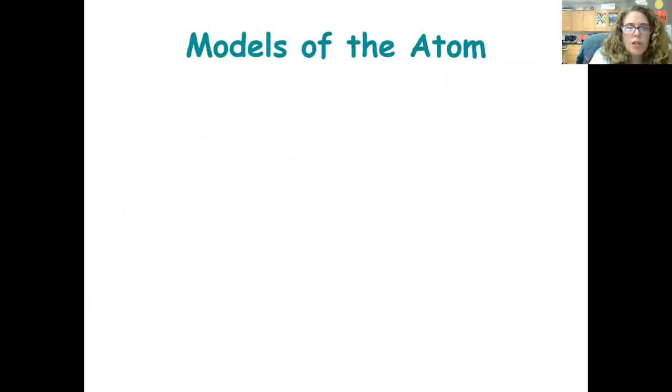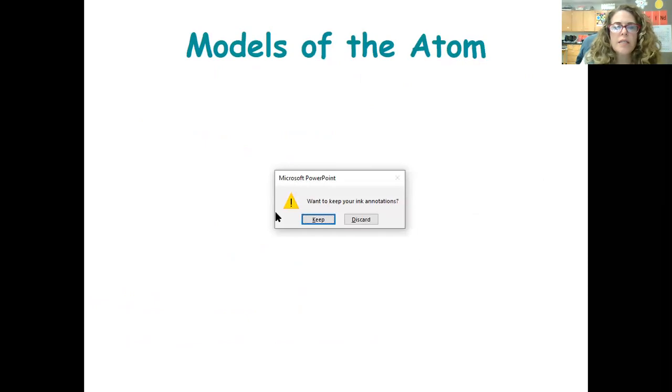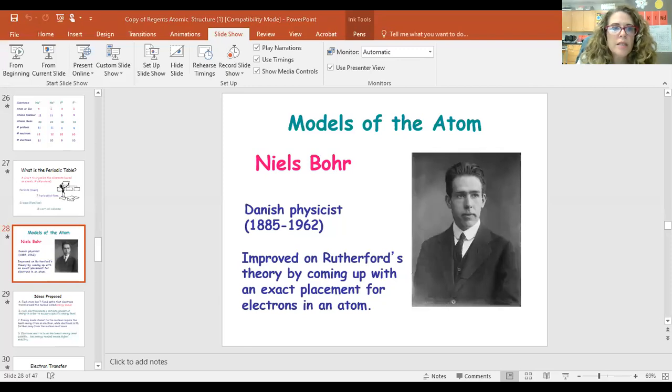So I'm going to discard my annotations, and I want to show you the periodic table, the elements here. So let's just make this a little bit bigger. And so here I want to just show you the charges, right?